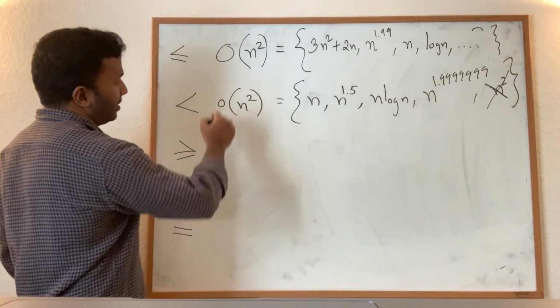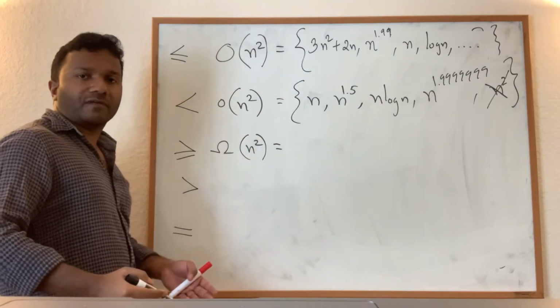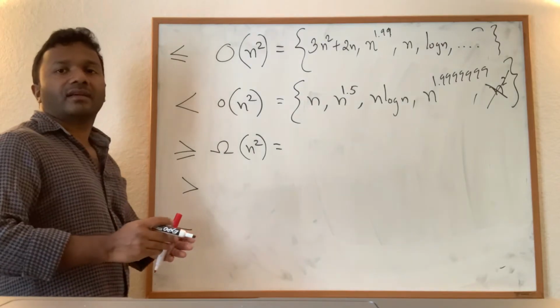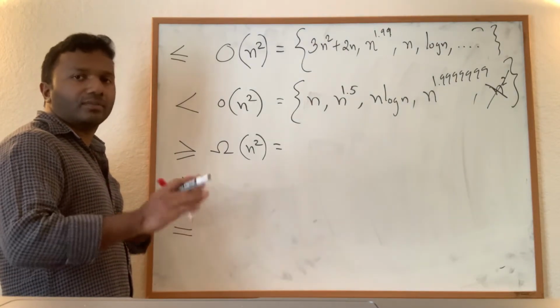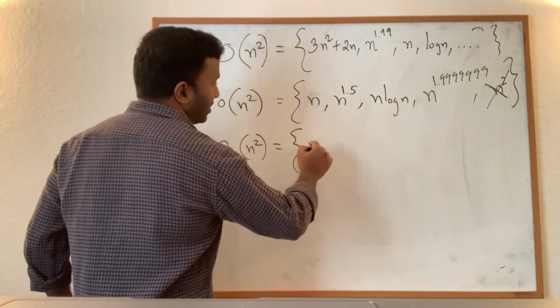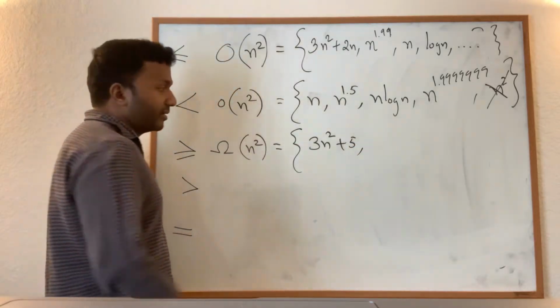So now here, big omega of n square means the set of all functions where the dominating term is either n square or more than n square. So you can have things like 3n square plus 5, that is totally fine here.